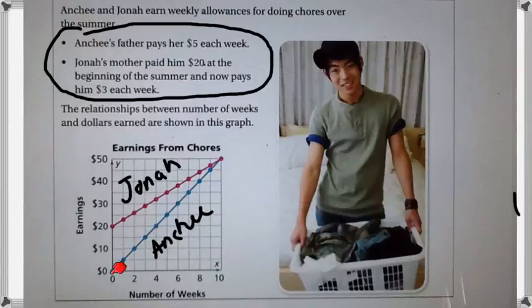And if you were to check the slope, hers is going up 5 and over 1 for the $5. Whoops, she's actually only getting up 3 and over 1, but this one's going up 5 and over 1, but this is counting by 5, so it's a little hard to tell. 0, 5, 10, etc. Okay, so we got that part done.